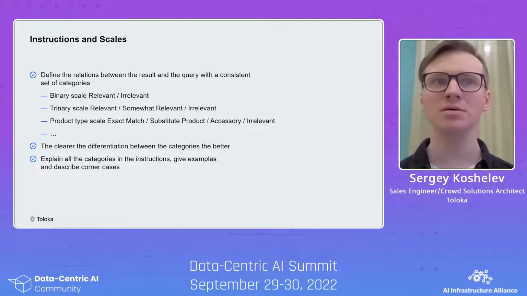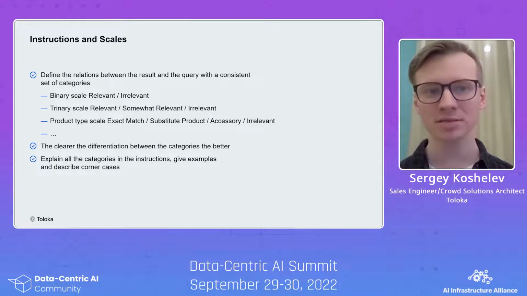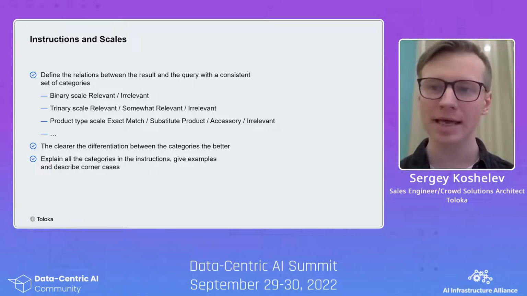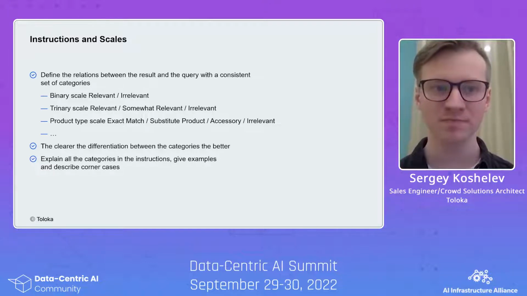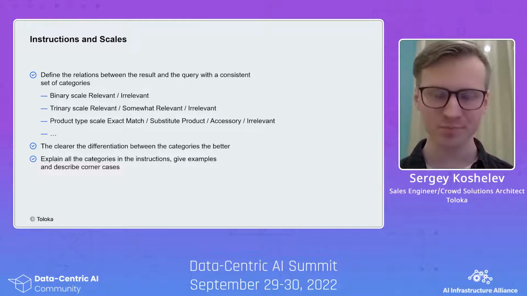So the hardest and the most important part is choosing an evaluation scale and describing it in the instructions. We need to define the relations between the result and the query with a consistent, unambiguous set of categories.